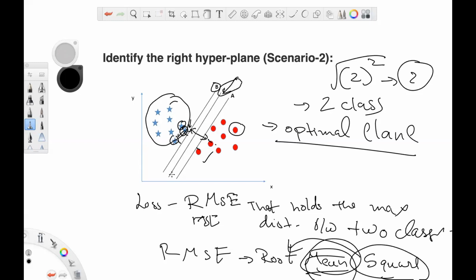And how this optimal hyperplane works is it should have the maximum distance between the two classes, so it can clearly separate both the classes. And I have also told you how distance works, which can be done using root mean squared error. So I hope no questions are there right now, so we can move ahead.